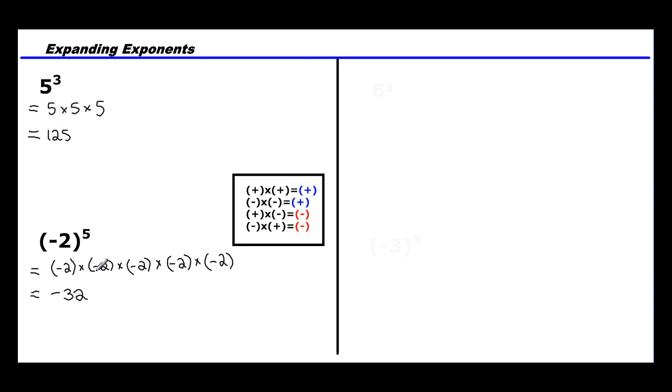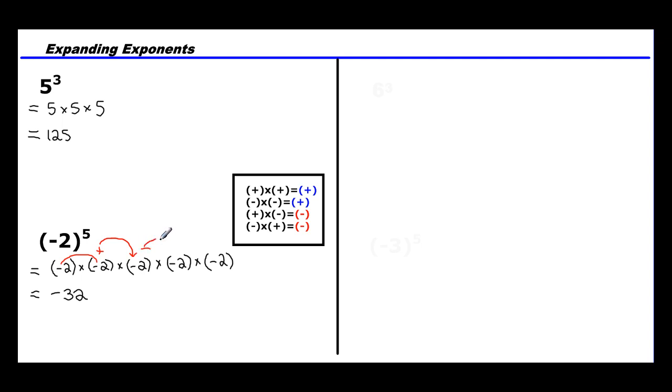We can use this in making sure that our solution is correct. Notice that negative times negative will give us a positive result. And then to follow, a positive times the next negative will give a negative result.